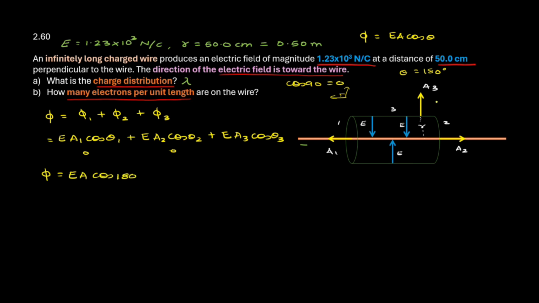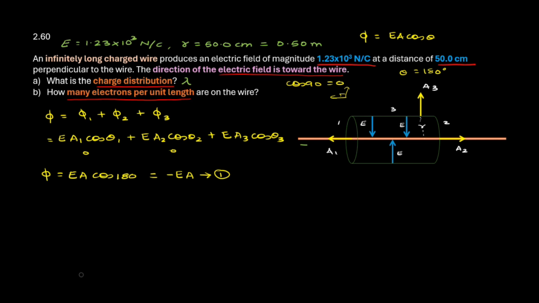I will drop the 3 from area vector 3 because flux through area 1 and area 2 is 0. The only surface where we have flux passing through is A3, and since it's the only surface, I'm just going to write the area as A. We know cosine 180 is negative 1. So here the flux becomes negative E into A. I write this as equation 1.